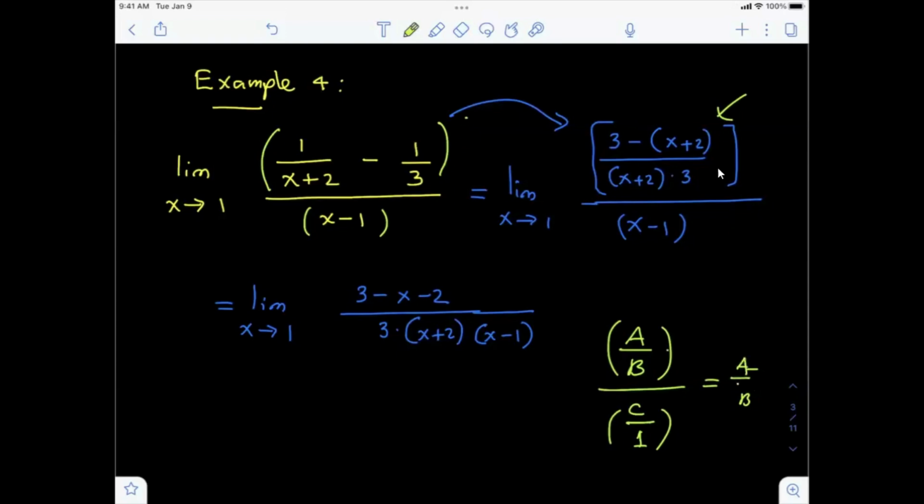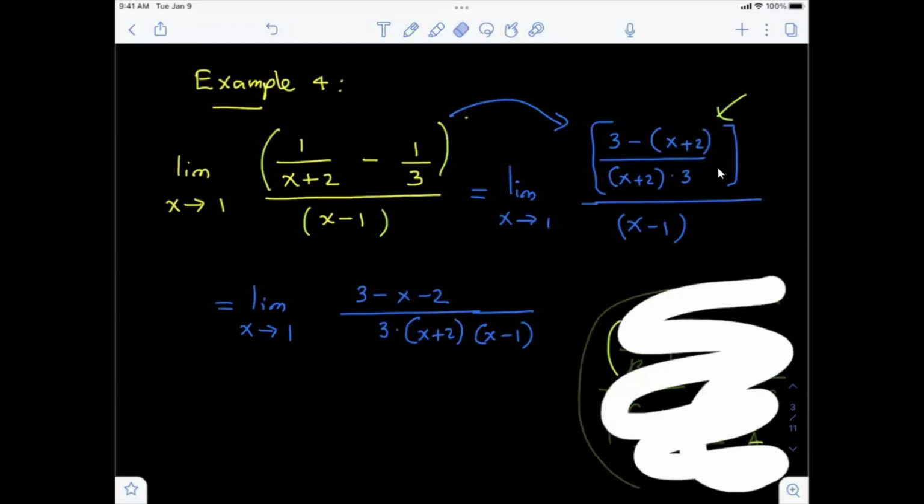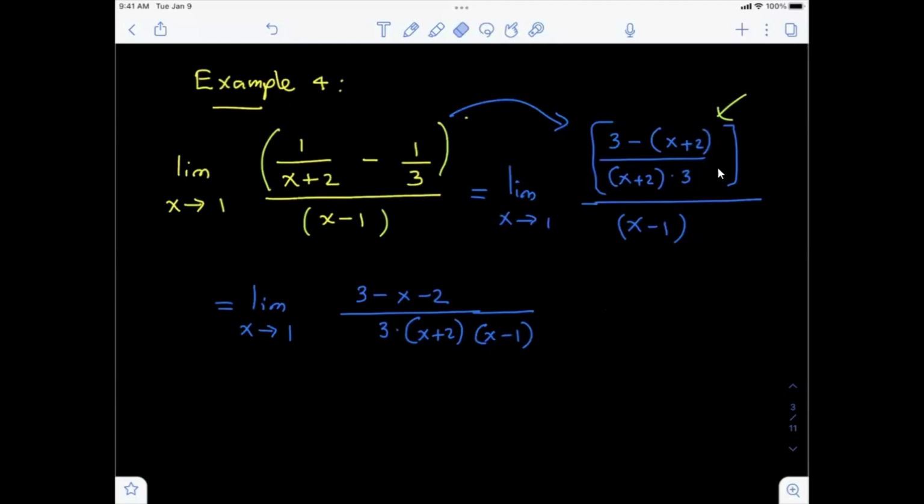Let me just write it over: a over b times 1 over c. Look at how these two denominators are getting along with each other to make a new denominator of b times c. That's exactly what happens here. So all of these are simple algebra stuff. Just in case you do not recall, that's why I wanted to provide that additional background, but you should recall it. If not, review it.